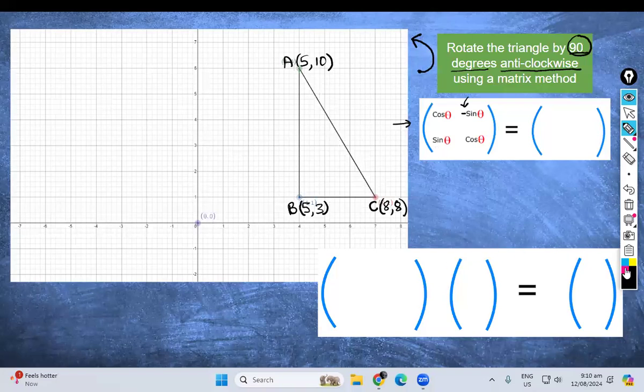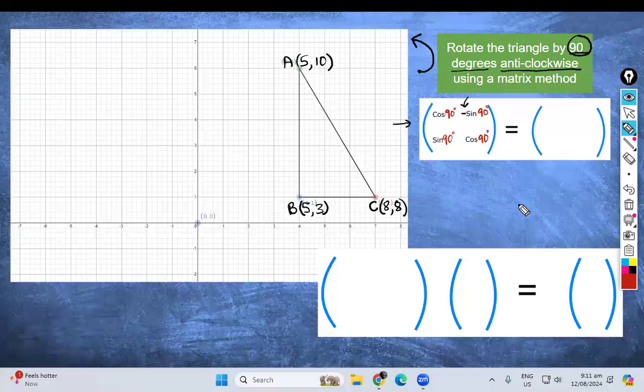So what you're supposed to do is go to the formula and replace all the thetas with the angle the examiner gave you. In today's question, the angle is what? 90 degrees. So you're supposed to replace this with 90, this with 90, this with 90, right? And it's degrees, right? So you can put a small little 0 on top, the degree sign.